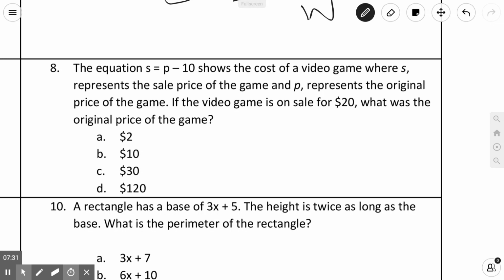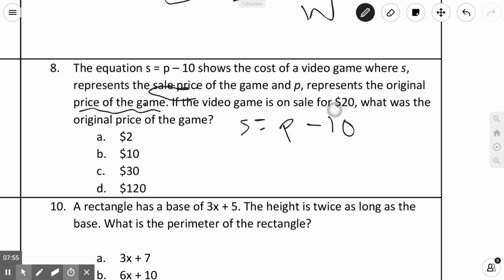Question 8 says the equation S equals P minus 10 shows the cost of a video game where S is the price of the game on sale, and P is the original price of the game. So this is sale price and original price. If the video game is on sale for $20, what was the original price?